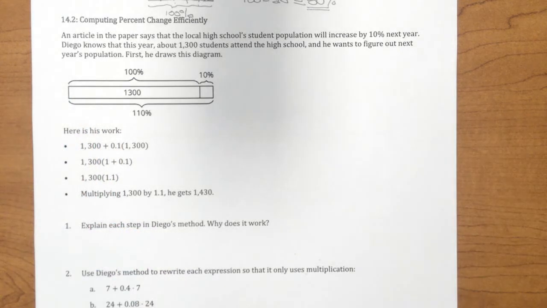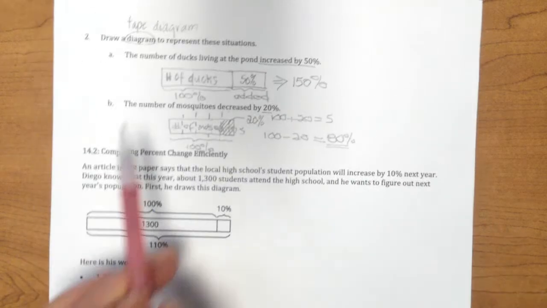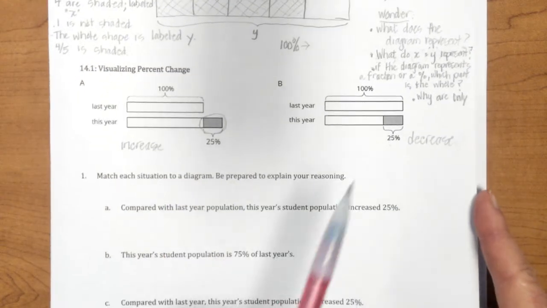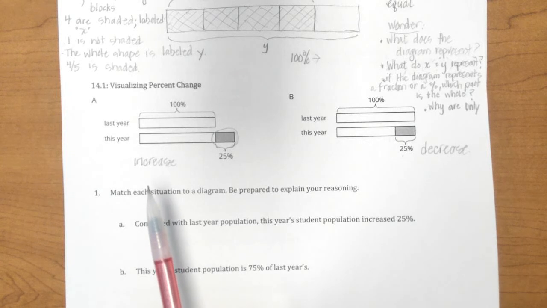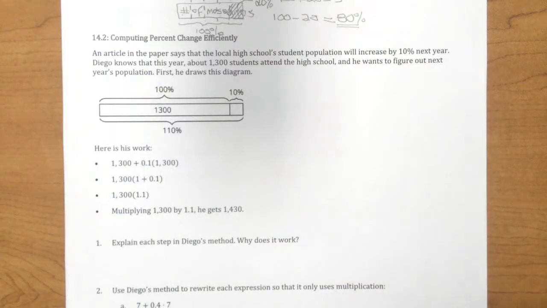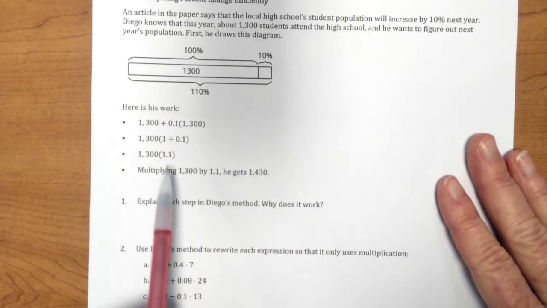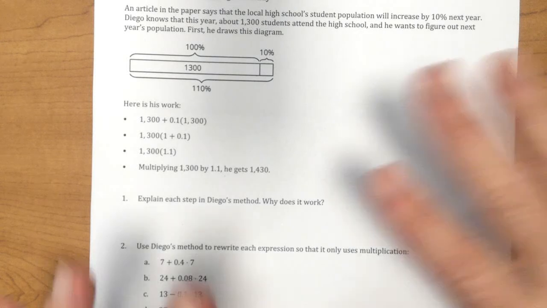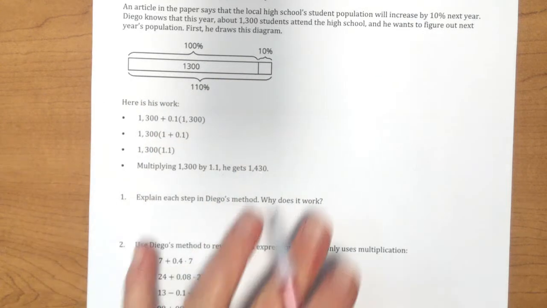So what he does is he drew a diagram, and this is very similar to the diagrams you saw me draw up here, as well as what you saw on this front page. Again, we're talking about diagrams to represent a whole or parts of a whole. So I want you to go ahead and take a look at what he's drawn. I want you to look at his work, and just jot down whatever notes or any thoughts that you may have about what he's done so far.